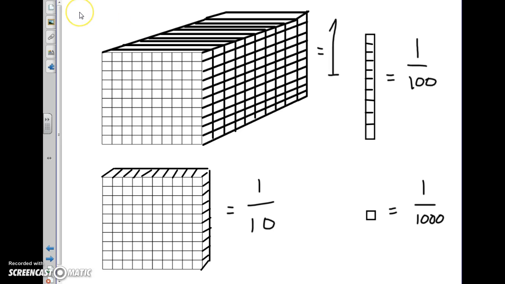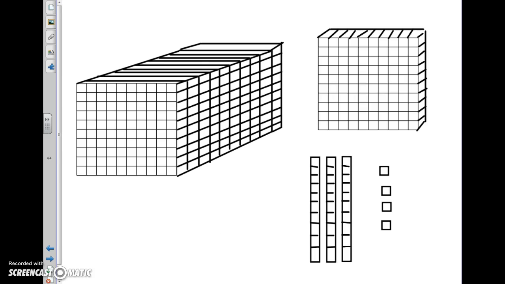Okay, so now that we know what each of those represent, we are going to take a look at some collections here and be able to write them as a number with decimals. So if I look at this, what do I see? I see this big guy here that represents one whole.